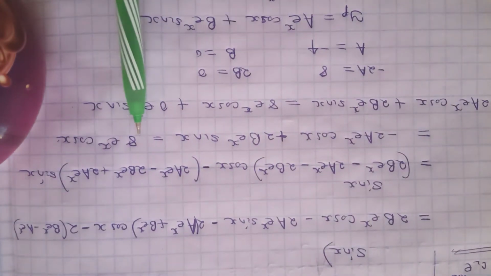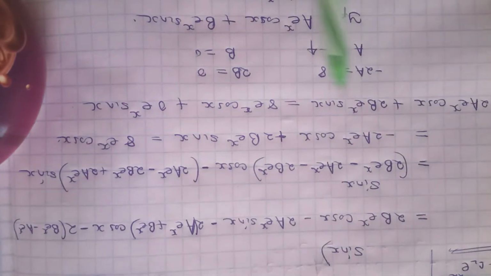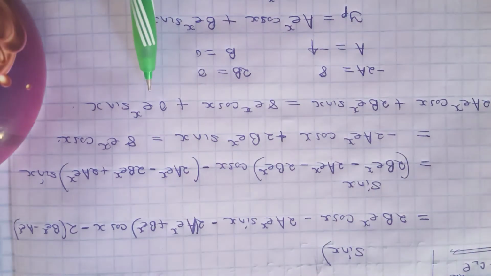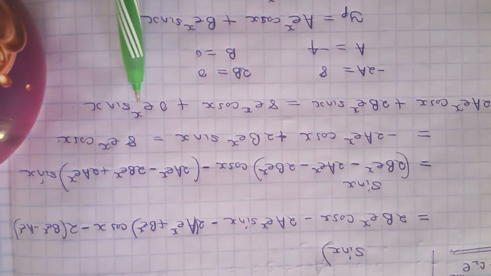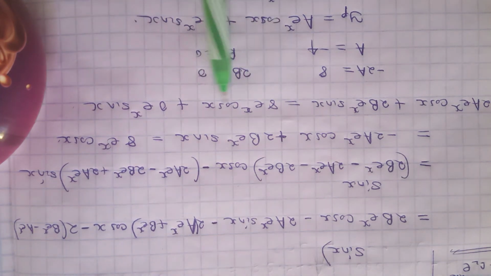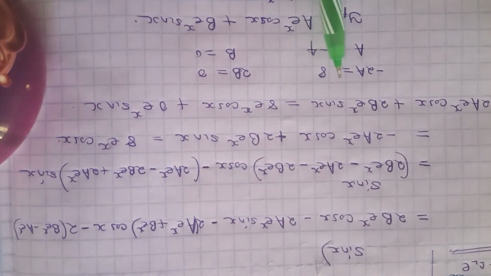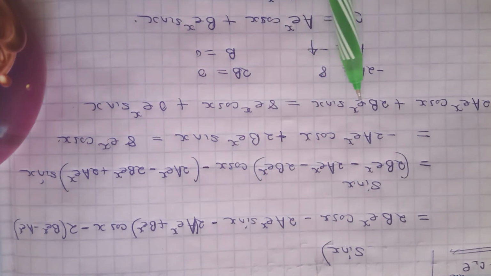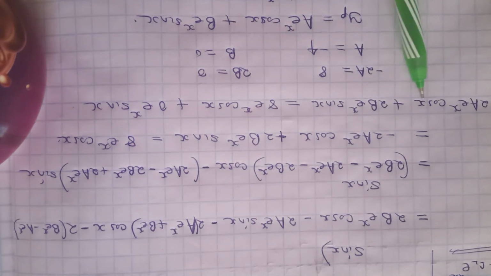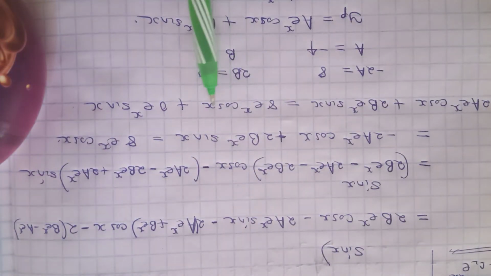So we shall have Ae^x cos x. Now when we equate this side with this other side, we have to introduce an imaginary value of sin x to the other part of the equation, so that it can be equal to our sine over here. So when we equate both of their corresponding parts, we have Ae^x cos x must be equal to 8e^x cos x.